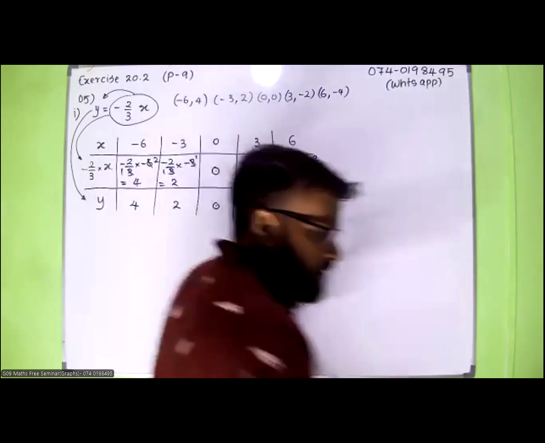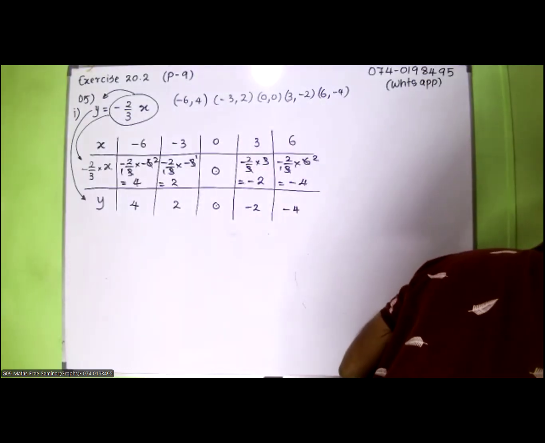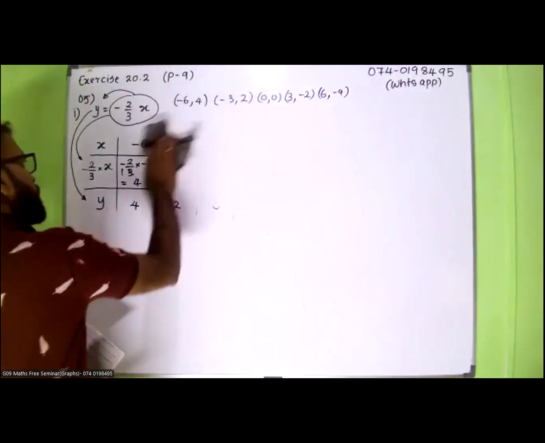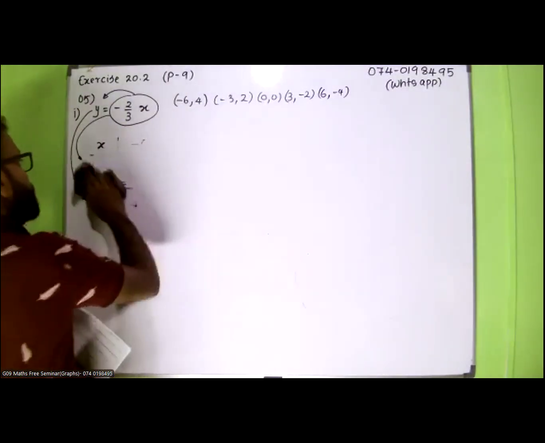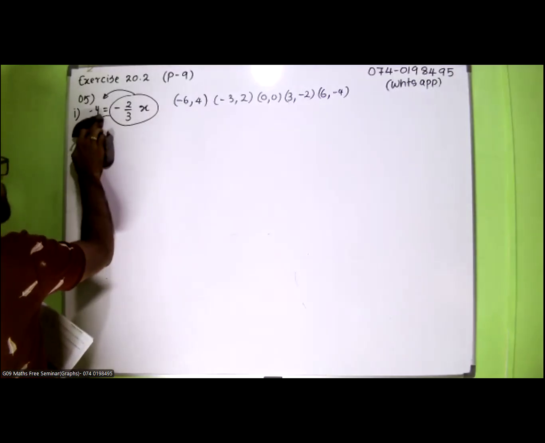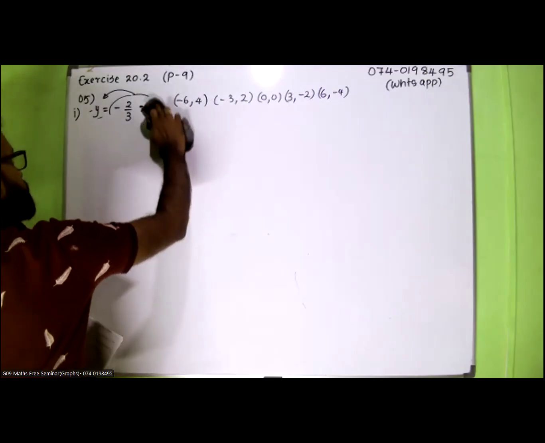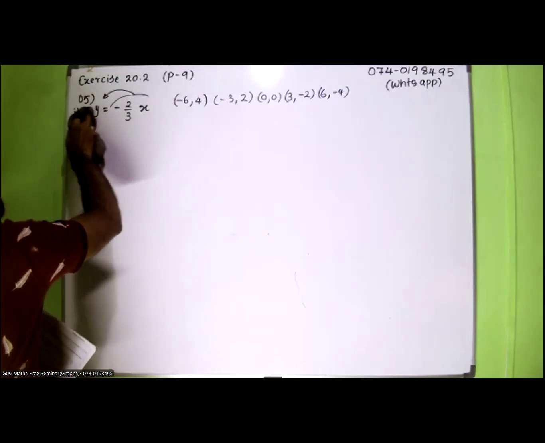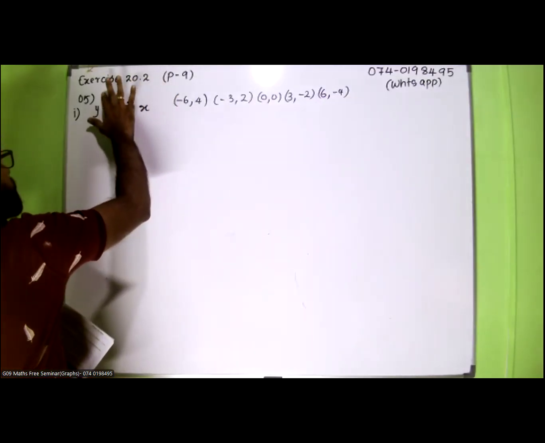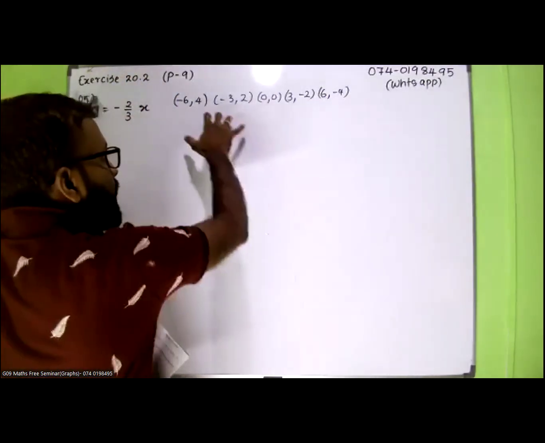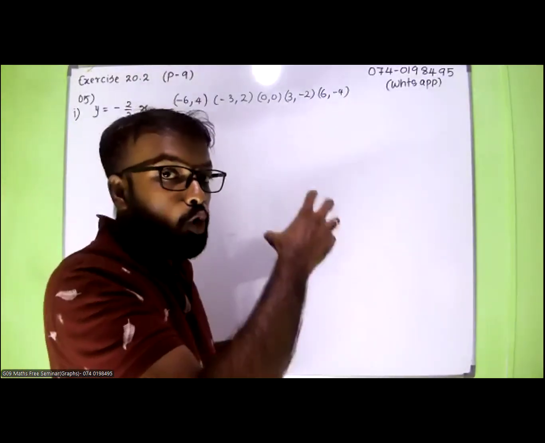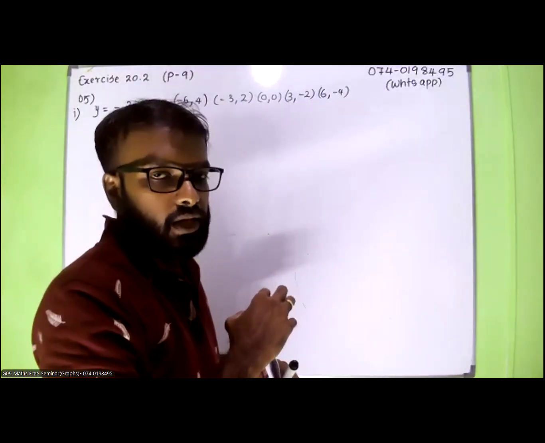Okay, I will clear the board. Alright. Now I have 5 ordered pairs that I need to draw in the Cartesian plane.